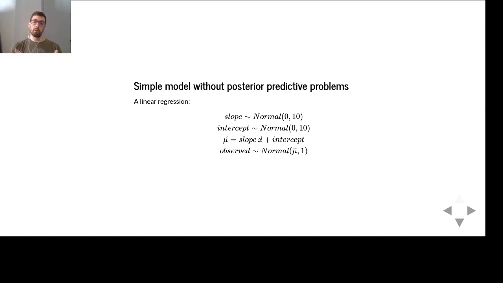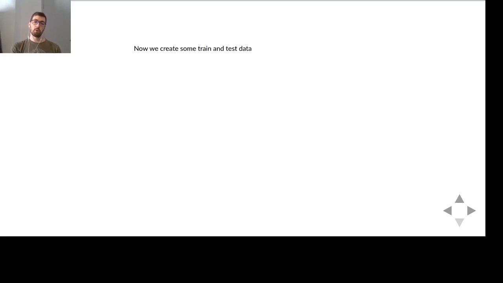These two combined with the regressors x define mu, which is the expected value for our observations, and then we assume that what we observe follows a normal distribution centered around this mu vector. To keep things simple, we assume we know the true variance of the process, which is 1.